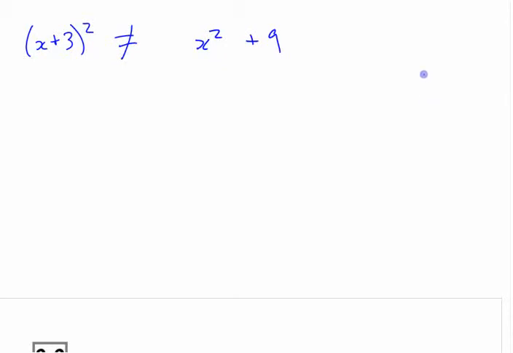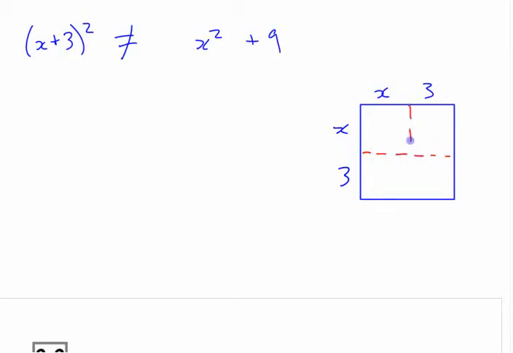If you actually make a visual of it here, if you think about it as the area of a square, this is x plus 3, right? So that length on the side there is x plus 3. And this length is x plus 3. If you just do x squared plus 9, you're really only getting part of the area.